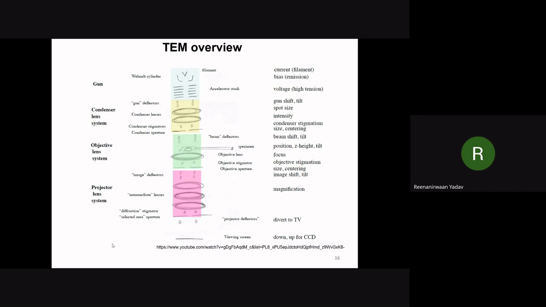This is the first lens in the condenser lens system, CL1, also called spot size, and another one is CL2. By increasing or decreasing the current in it, we can control the intensity of our beam. These are the condenser stigmators, then the condenser aperture.